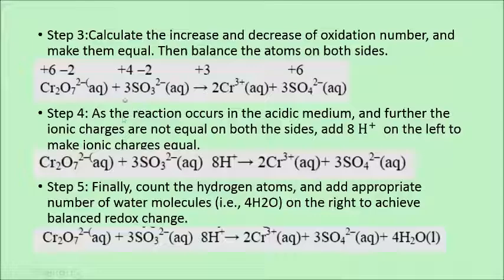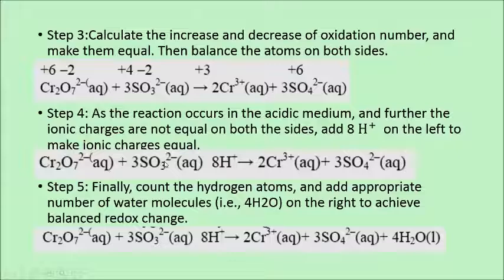After this step, the fourth step is what? As the reaction occurs in acidic medium, we have to balance the ionic charges further, when they are not equal. Now what we have to do is add 8H plus on the left hand side to make the ionic charges equal.